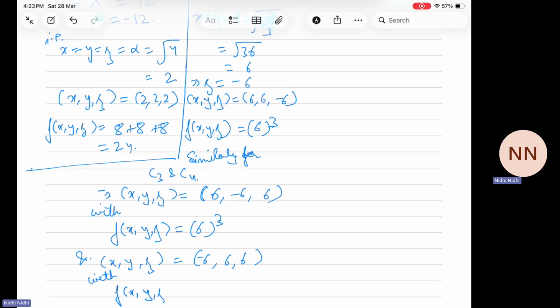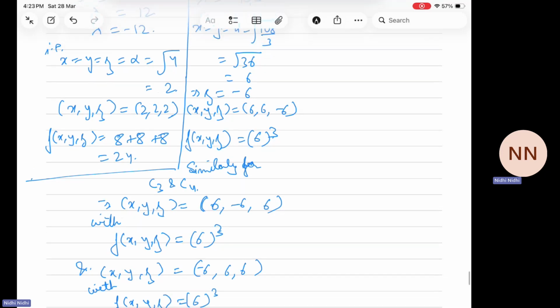Yeah, 6 cube is 36 times 6, so it will be obviously greater than 24.